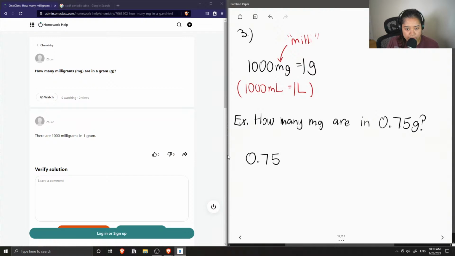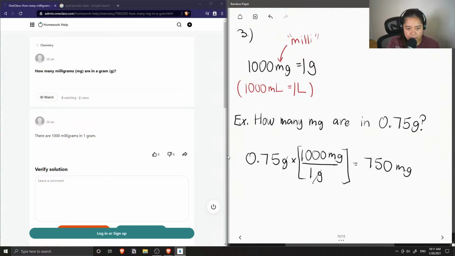So if we multiply 0.75 by the conversion factor, with our desired units on the top and the units we're trying to get rid of at the bottom, so 0.75 grams times 1,000 is 750, and the units are now in milligrams.